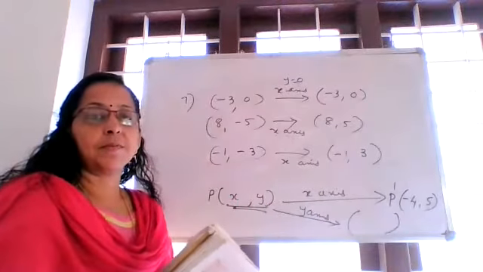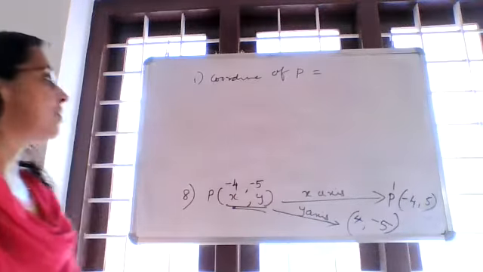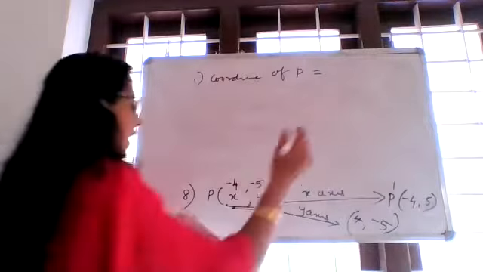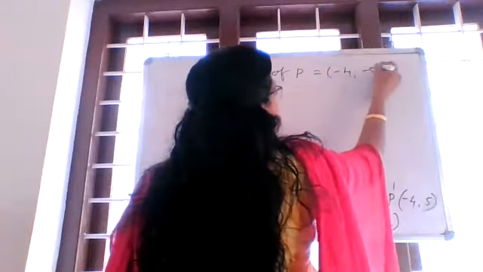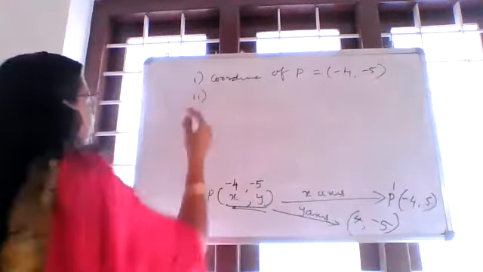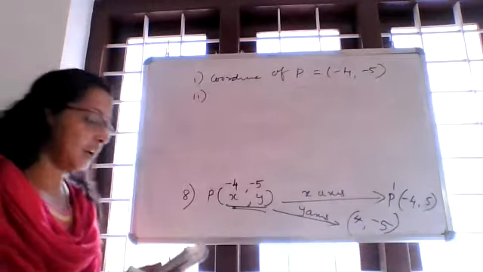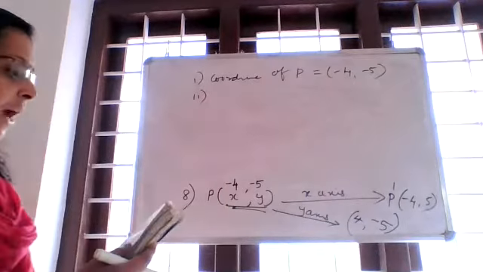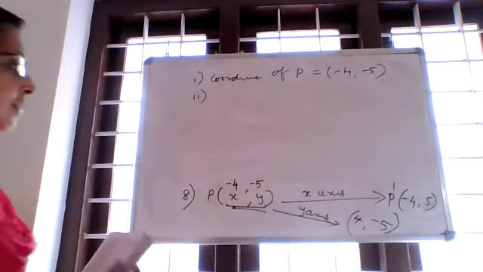So the coordinates of P are negative 4, negative 5. That is the first part. Then the second part: find the coordinates of the image of P under reflection in the y-axis.